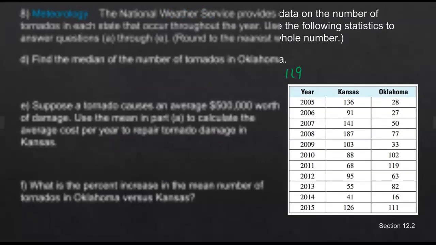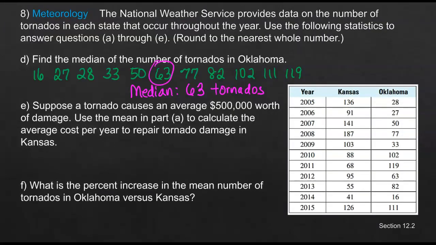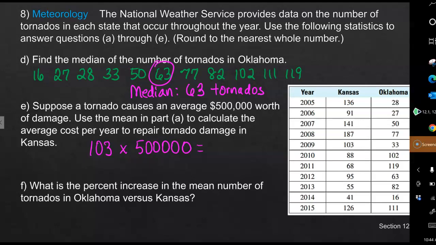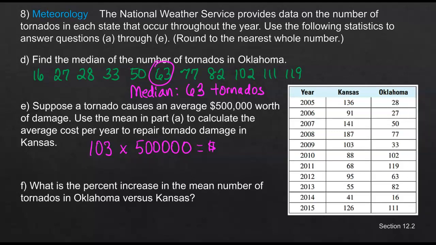And so that means we're going to take 103 and multiply it by 500,000. And that gives us 51,500,000. All right. That's a lot of money.